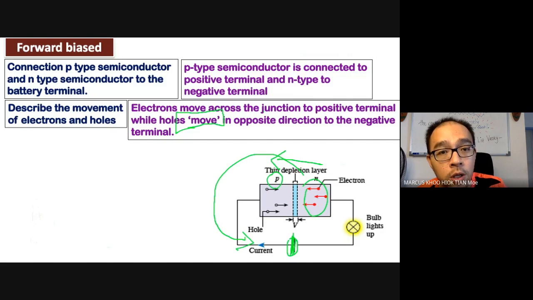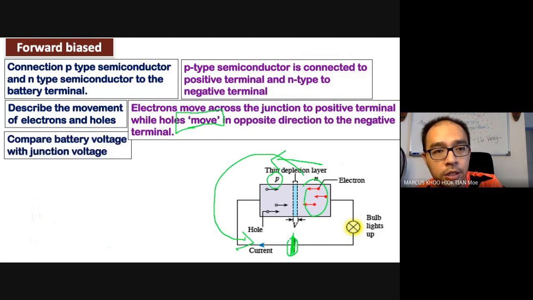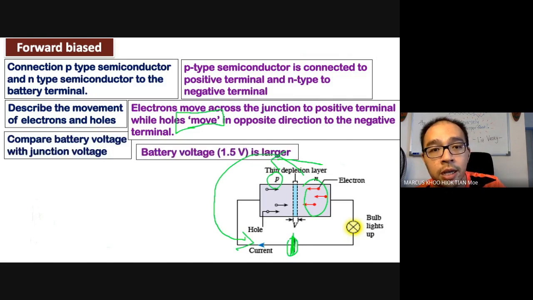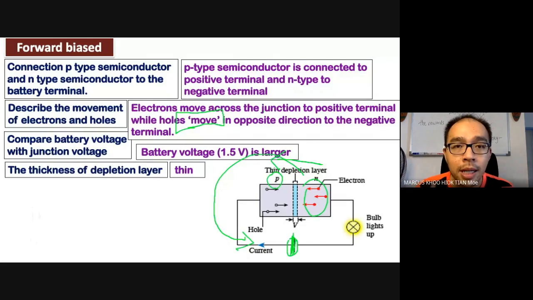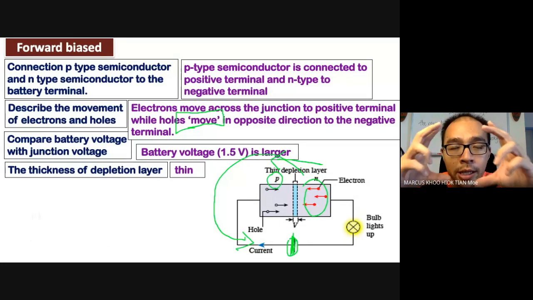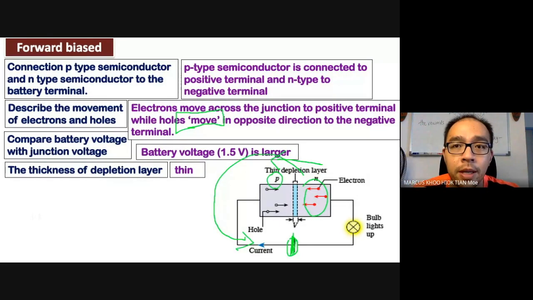Because of that, the battery voltage is larger than the junction voltage, definitely. And so the depletion layer will become much thinner. If we do not supply voltage, the depletion layer is always going to be there.